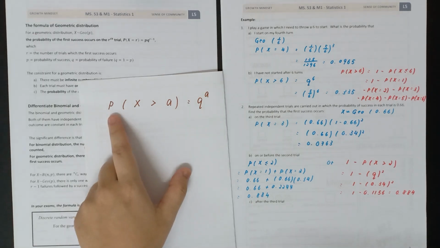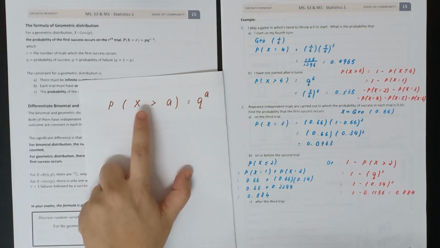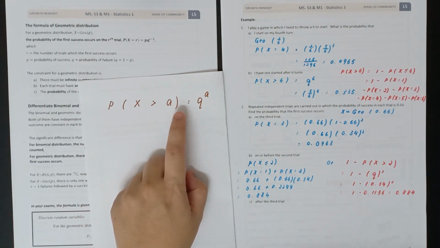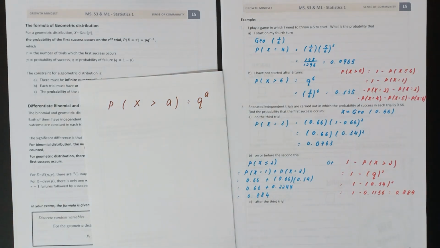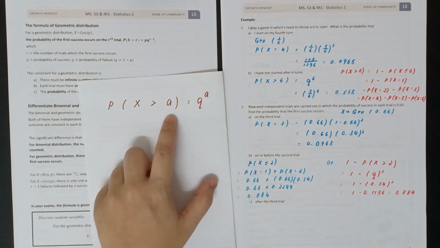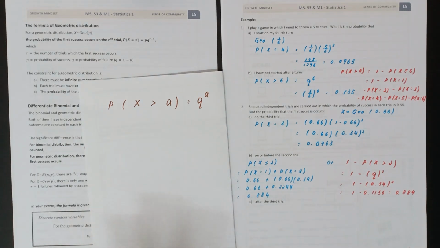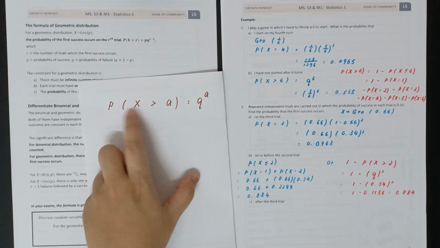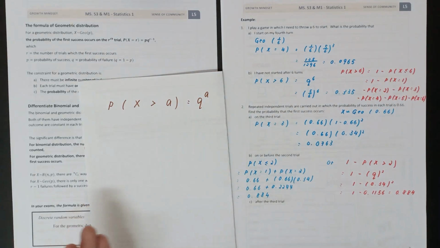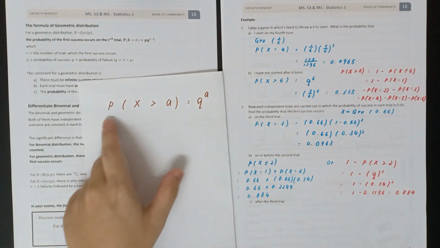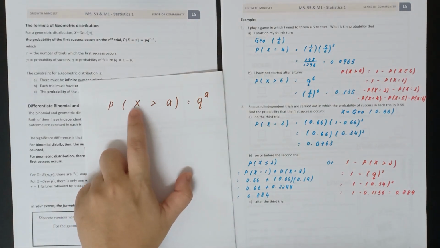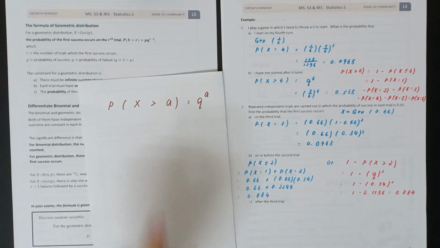So the probability for me to get a first success after a trials means that I get a times failure. If a is 5, I get 5 times failure. So that's why my first success happened after 5 times. Okay, you get it? So the probability for me to get a first success after a trials is basically equal to getting a times failure.